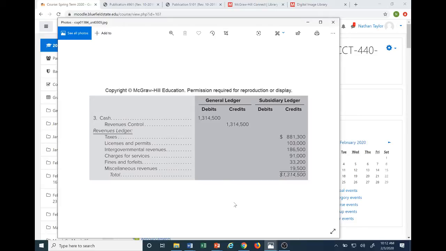Here, we're not concerned with itemizing the cash because cash is cash. In the revenues ledger, however, we are concerned with where that money is coming from, where the source of the revenue is. So when we make that credit of the 1.314 million, we can see here, same thing, the subsidiary ledger is just giving us an itemized detail of where the source of that revenue actually came from.